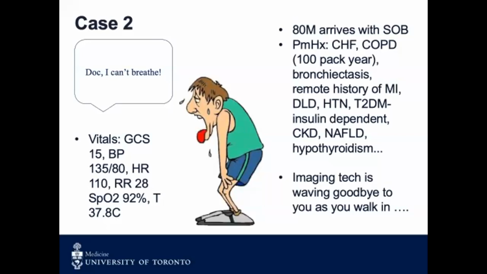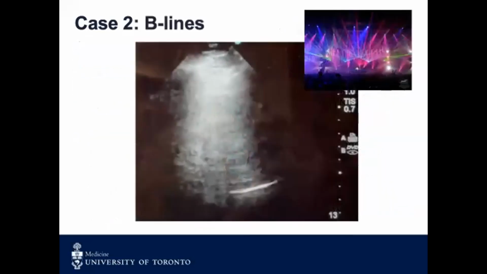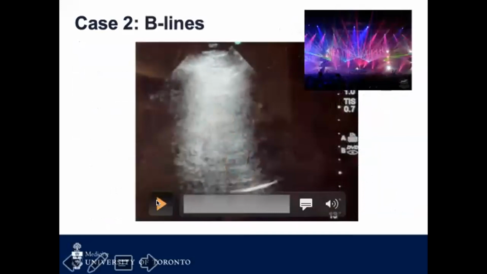So the tech is waving goodbye to you as you walk in. They're leaving for the night and you're alone. These are the vitals on the left-hand side, and it's now up to you as to what you're going to do. You take a short clinical history, and then you reach out for your trusty ultrasound, and you start scanning the patient.